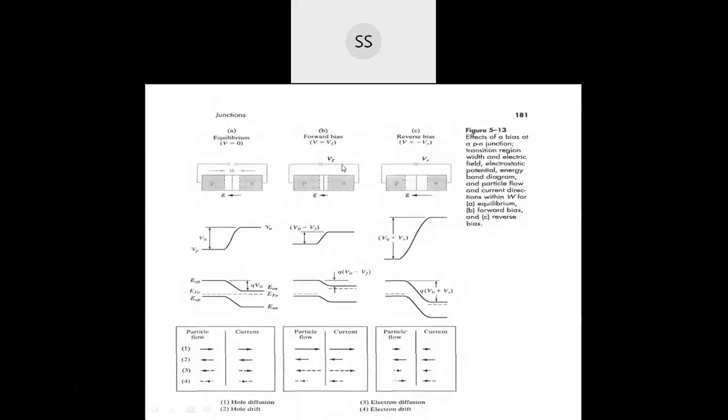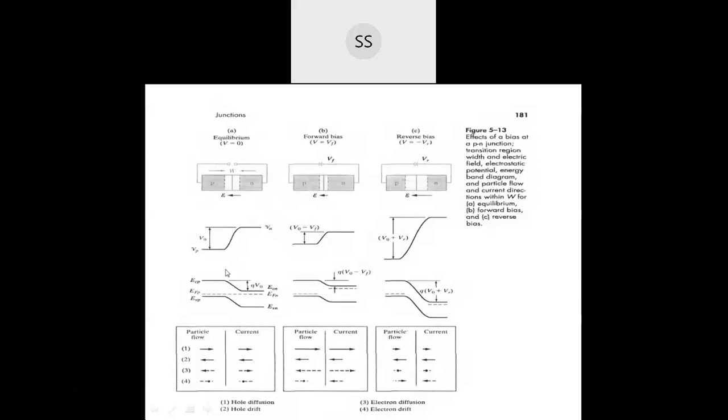In forward bias, the P-type material is connected to positive, whereas the N-type material is connected to negative. For reverse bias, the P-type material is connected to minus and the N-type material to plus, and the applied voltage is indicated as Vr.